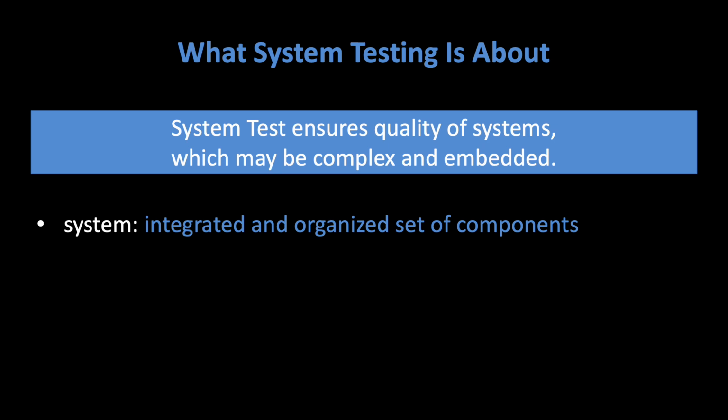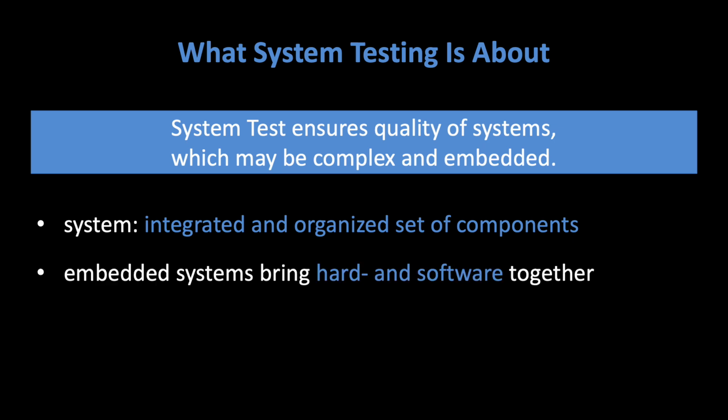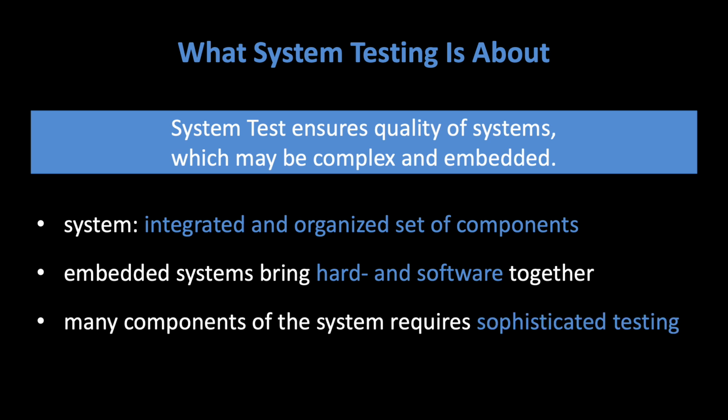So the system itself is usually an integrated and organized set of components that brings hard and software together and usually fulfill a very specific set of functions. The fact that there are many components involved in the system requires a very sophisticated testing strategy and execution.